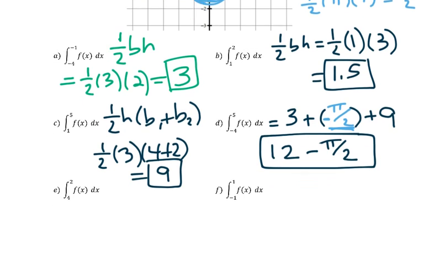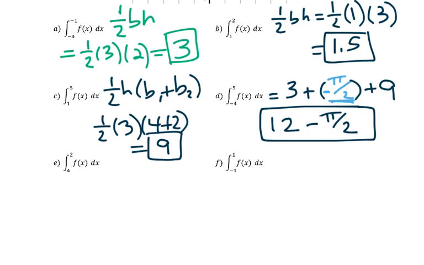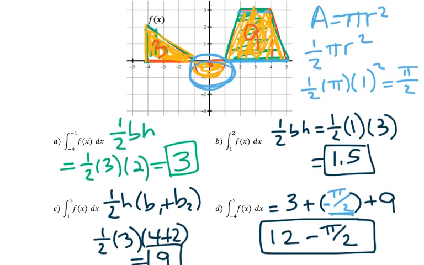All right, part E. So we're going from 4 to 2 of f of x. Now, remember, whenever we're doing these bounds, we usually start with a smaller number on the bottom. So 4 to 2 doesn't really make sense. It's really from 2 to 4. But because we switched it, we're using the negation property now. So we have to have that negative there. And now let's take a look at what it looks like from 2 to 4.